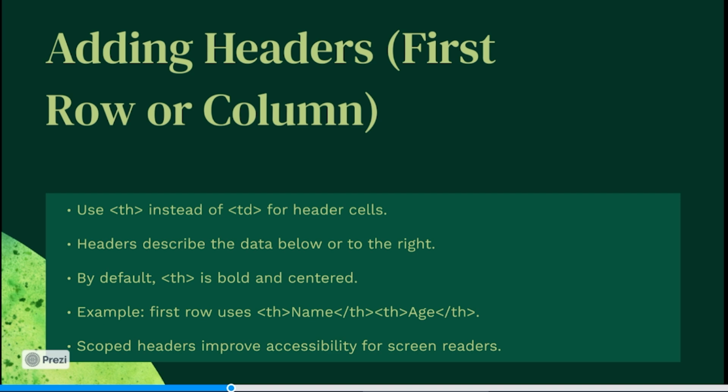As you can see, by default the text in a th looks bold and centered. For example, in the first row, you can put a th like name, another table heading for age, and another heading for roll number.